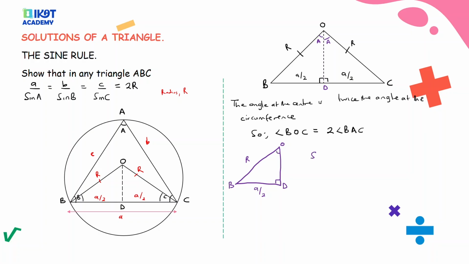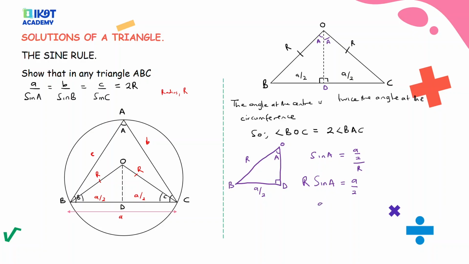So we can get sine A, because here we've said this is A. Sine A is going to be the opposite, which is a over 2, divided by the hypotenuse, which is r. For this question, we're going to take the r and cross it to the other side. So r sine A is going to be equal to a over 2.